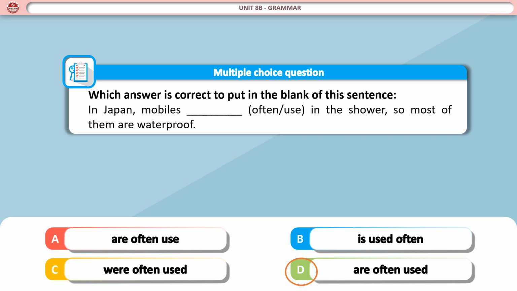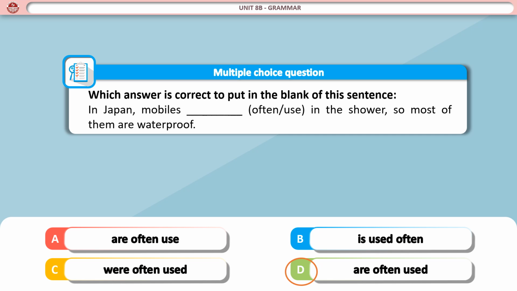So B would be eliminated. Now, how about the answer A? The answer A used to be are, but why isn't it correct? Because the past participle part is not correct. You see, are often used. You have to use the past participle for the verb use. So A is also not correct.